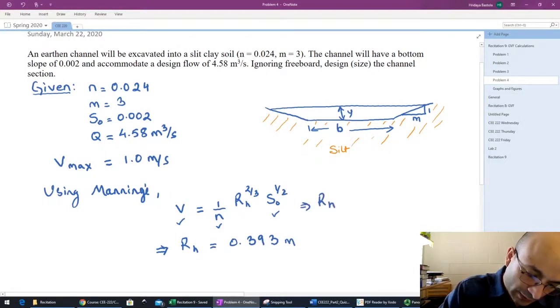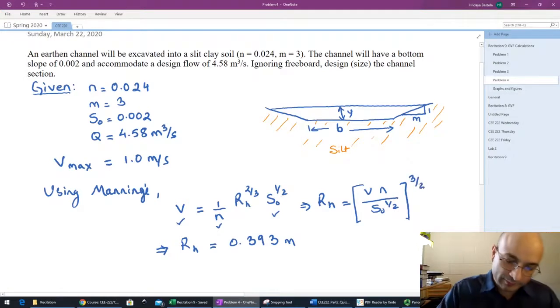So let me just expand that here. V times n over S naught to the power 1 over 2, to the power 3 over 2. So at this point we'll just plug in the numbers.